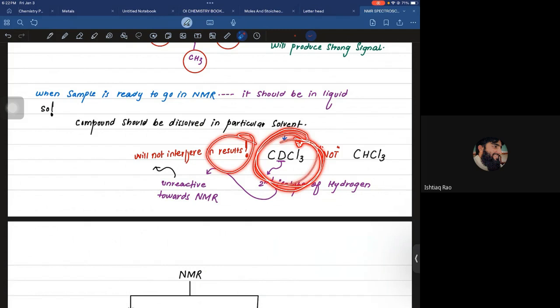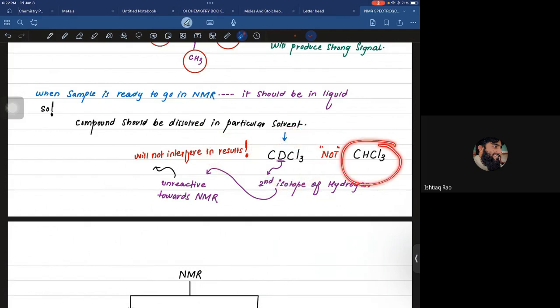So I have told you two things. Number one, what the standard peak should be, and what the solvent should be. You are not supposed to take CHCl3. You are supposed to take CDCl3 rather than CHCl3, because this is hydrogen. It would give you a signal.